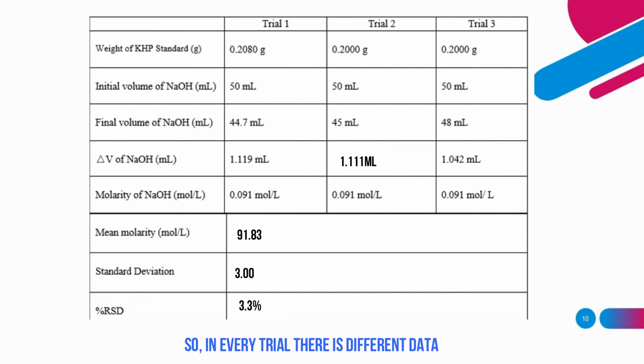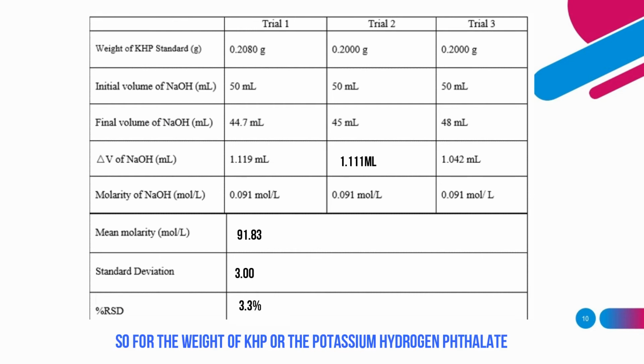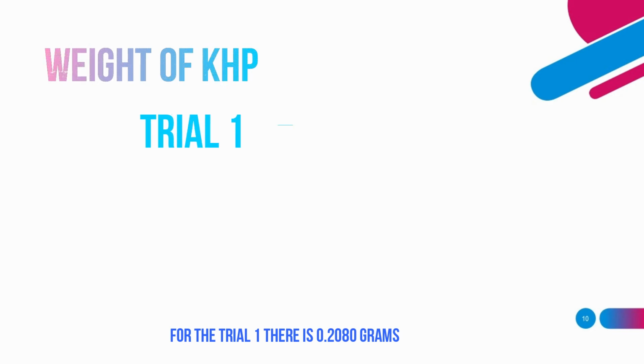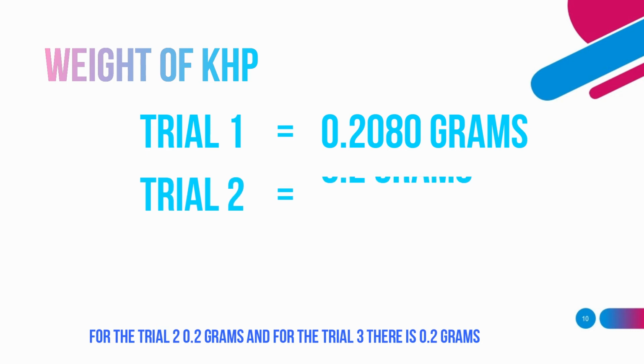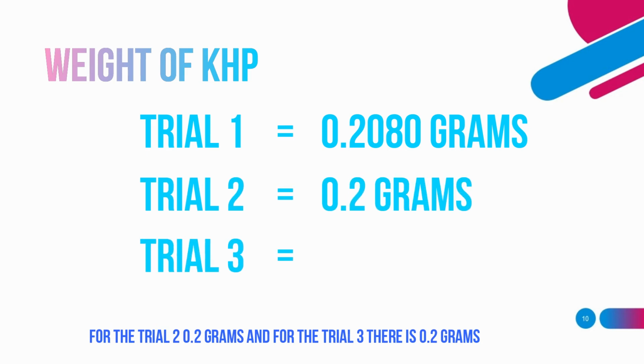So in every trial, there is different data. For the weight of the KHP, or the potassium hydrogen phthalate, for trial 1, there is 0.2080 grams. For trial 2, 0.2, and for trial 3, there's 0.2 grams.